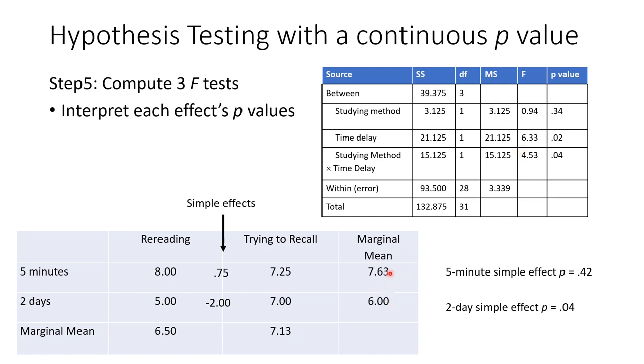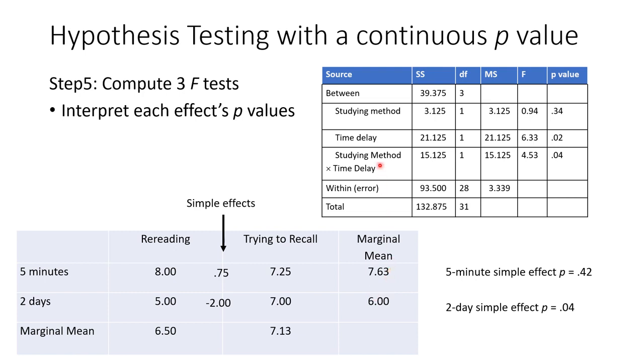So that means this mean difference is probably compelling, and if you look at the p-value, it is. So that p-value is suggesting that this mean difference is very unlikely to have occurred due to sampling error. So it looks like overall, people remember more after a 5-minute delay than they do after a 2-day delay, which again isn't surprising. As time passes, we forget things. We all know that.